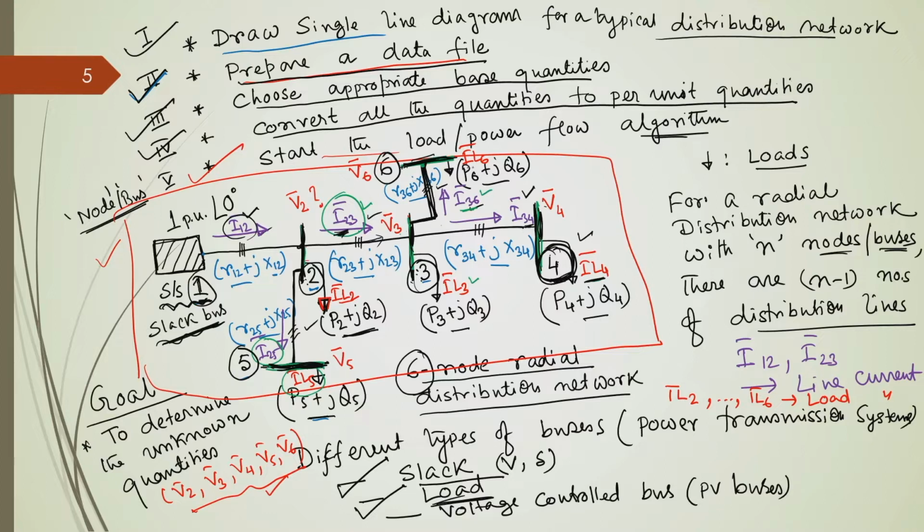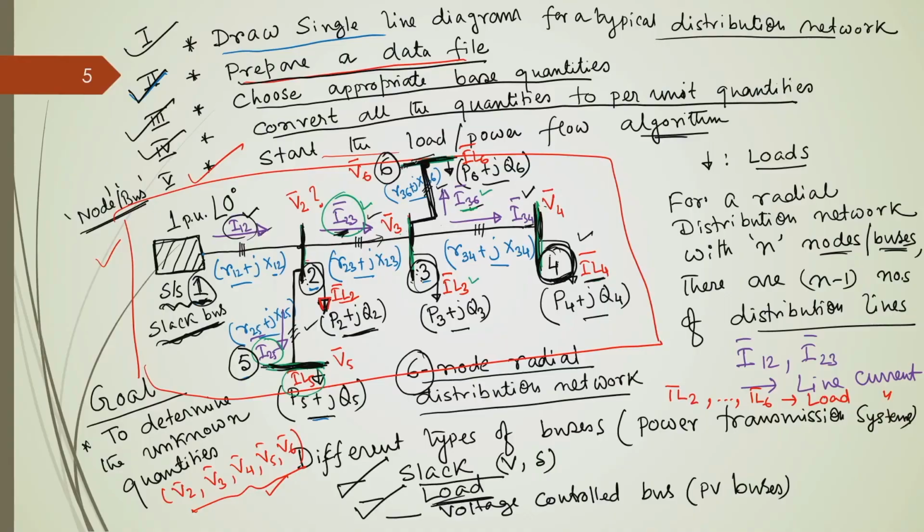So, I 36 is equal to I L 6. If you apply KCL at this node, you will get that the incoming current is equal to the outgoing current, that is I L 6. So, for terminal nodes, the line whose receiving end is the terminal node is only equal to the load current of that receiving end node. Okay.